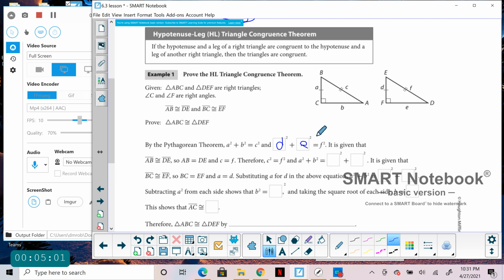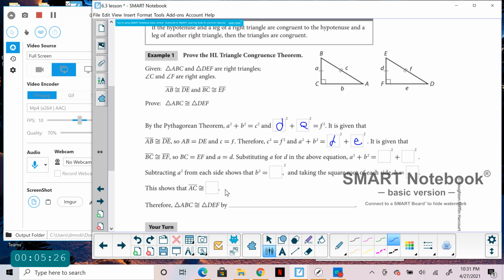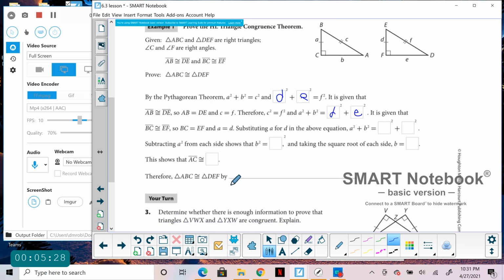It's given that AB is congruent to DE, so AB is equal to DE, and that means C is equal to F. So A squared plus B squared equals D squared plus E squared. It's also given that BC is congruent to EF, so BC is equal to EF and A equals D.